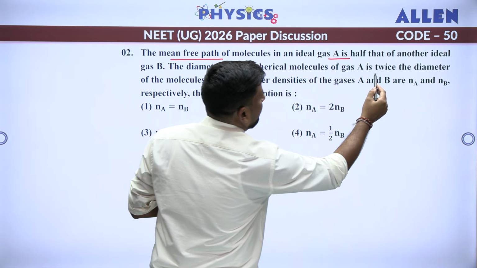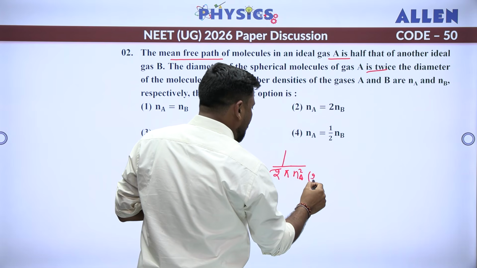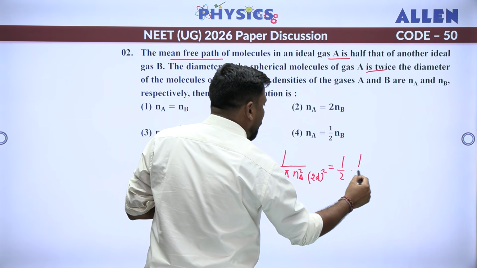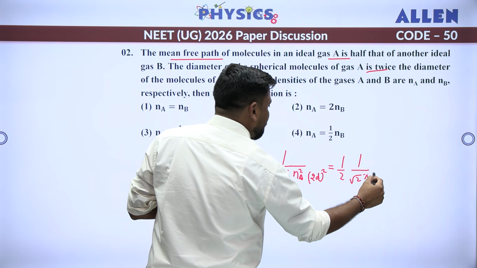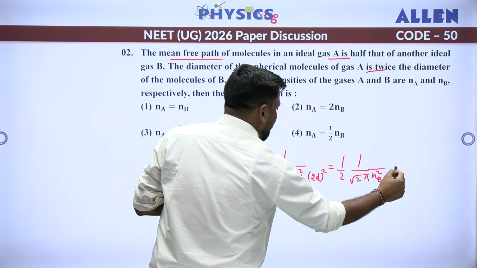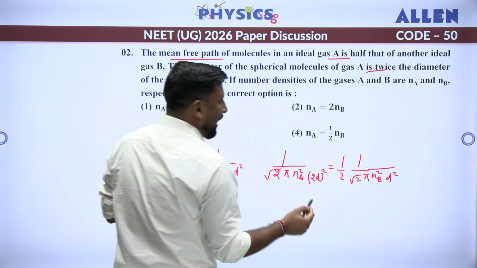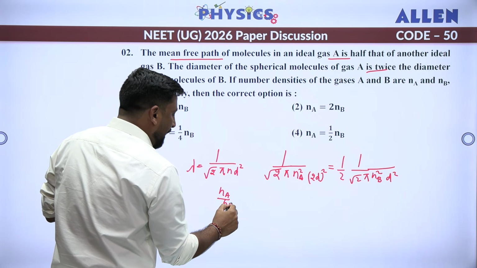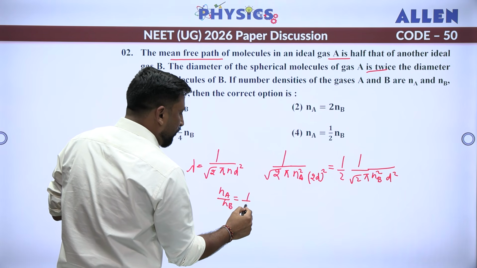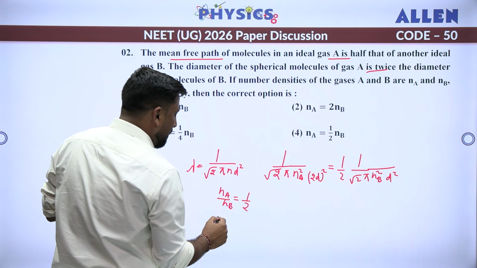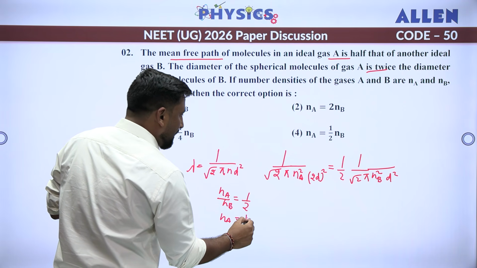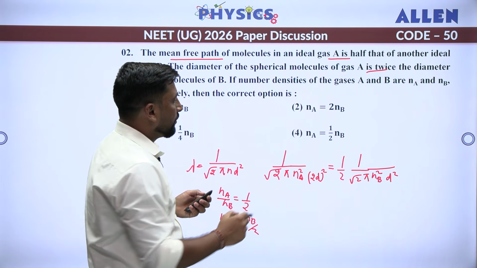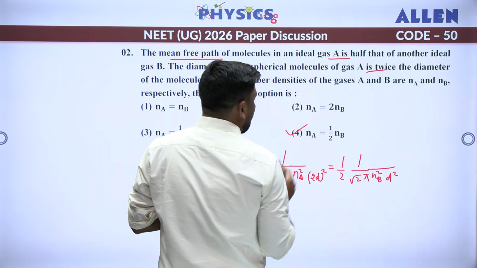They are saying the diameter of A is twice, so let's say it's 2d whole square, and that equals 1 by 2 times 1 by root 2 pi n B d whole square. After solving this, we get n A by n B as 1 by 2. So n A is equal to n B divided by 2, which is matching with option 4. So for question number 2, the answer is the fourth one.